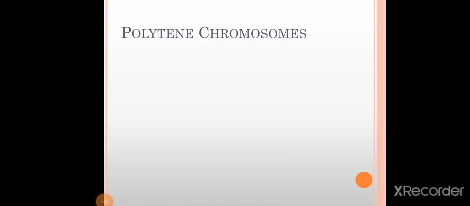Dear students, in this session we will learn about the structure of polytene chromosomes. Now these chromosomes are special chromosomes wherein they exhibit huge size when compared to all other normal type of chromosomes, and because of its larger size it is called giant chromosomes.